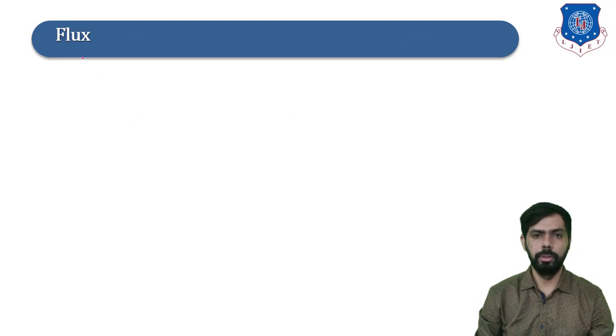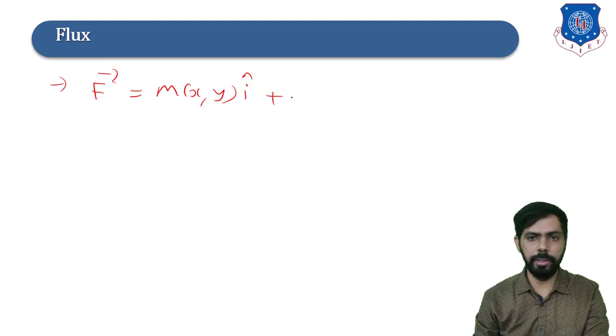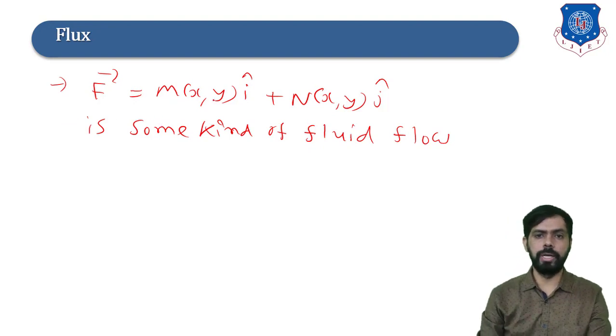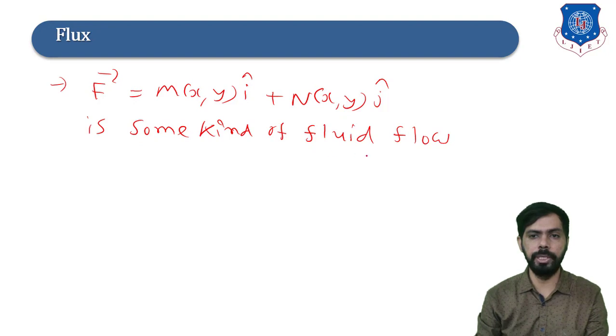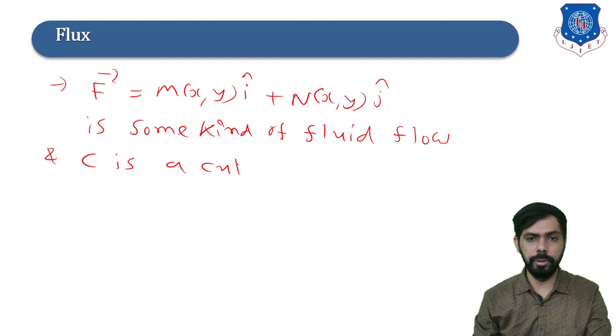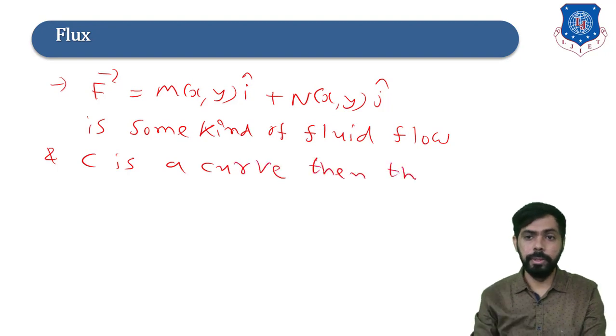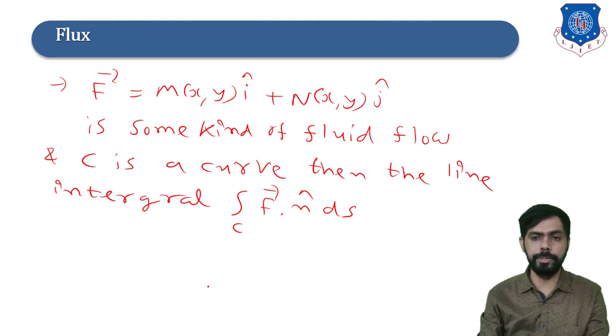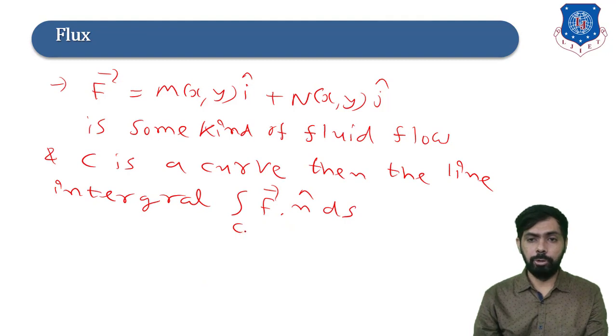Now we will discuss about flux. So suppose vector field f that is given by m(x,y) i cap plus n(x,y) j cap is some kind of fluid flow, and c is a curve, then the line integral over c of f dot n cap ds represents the flux of f through curve c, where n cap is unit vector normal to curve c.